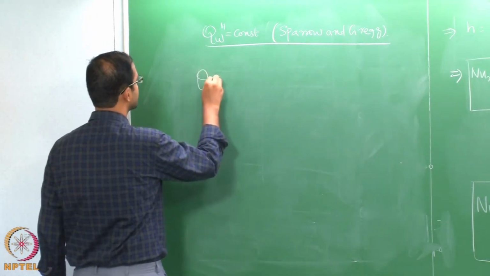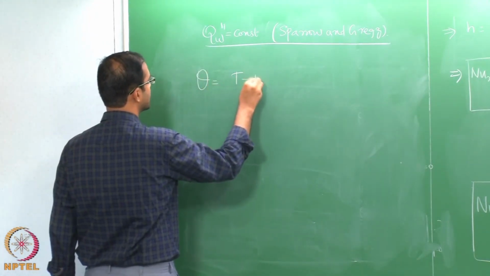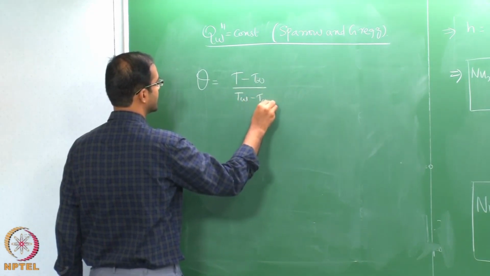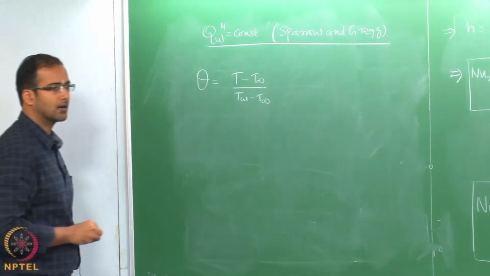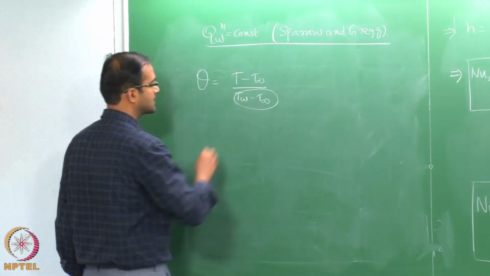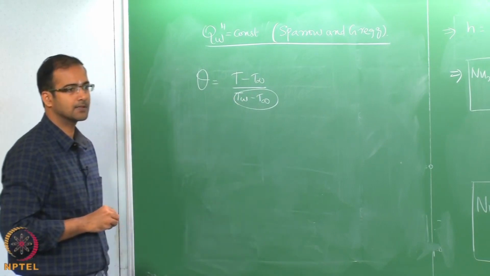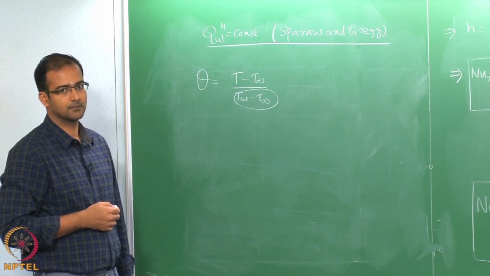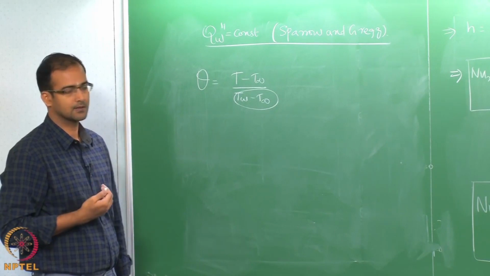So, in the constant wall temperature case, we use this definition, and in the constant heat flux case, since T wall minus T infinity is not a constant, we have to replace this in terms of heat flux, which is known, which is fixed.